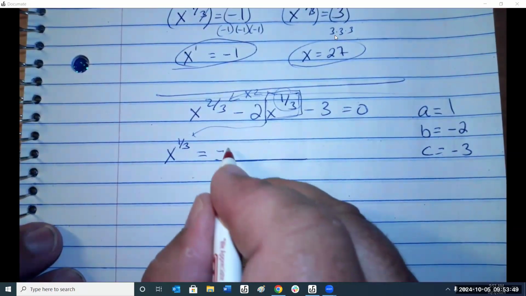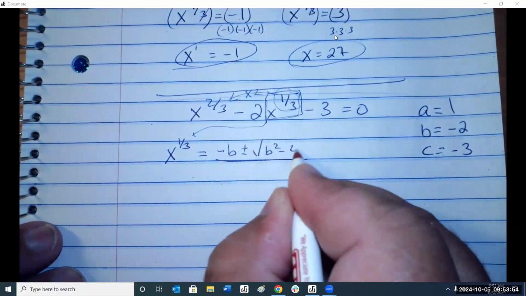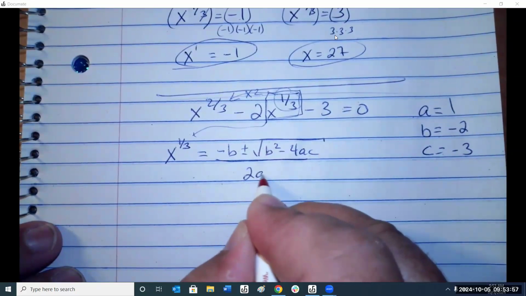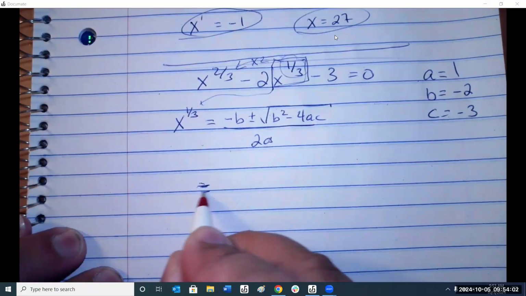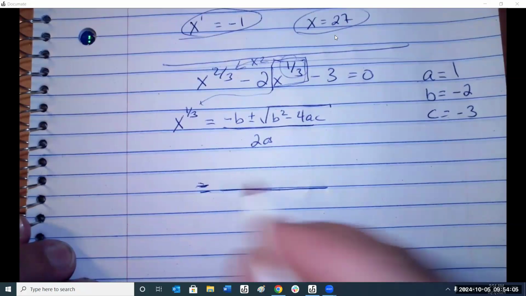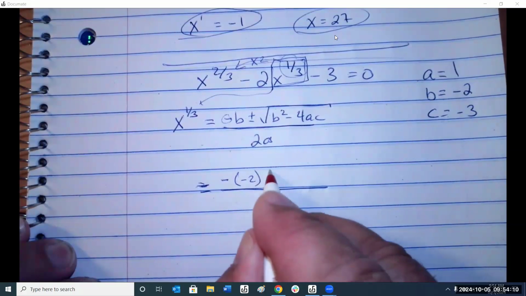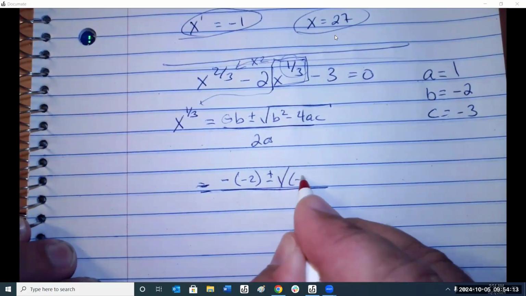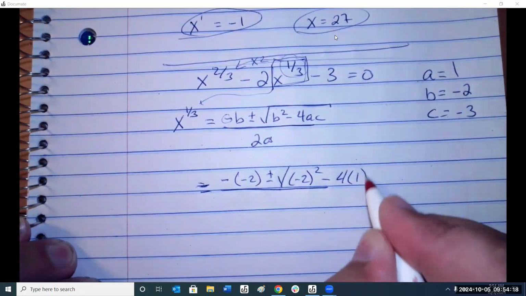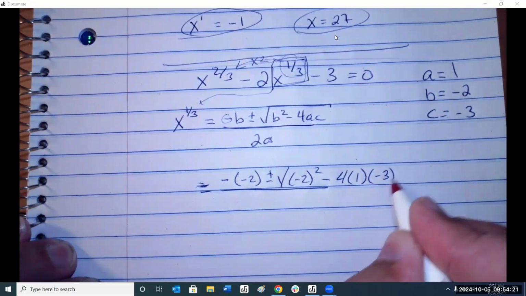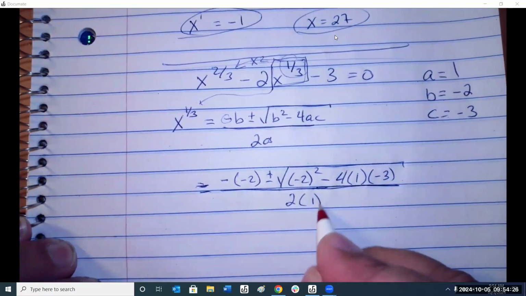So we have x equals -b plus or minus the square root of b squared minus 4ac, over 2a. So it's the negative of -2, plus or minus the square root of -2 squared minus 4 times 1 times -3, all over 2 times 1.